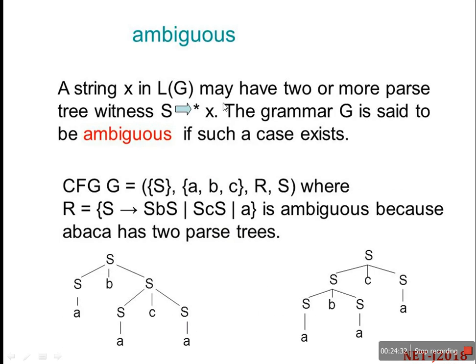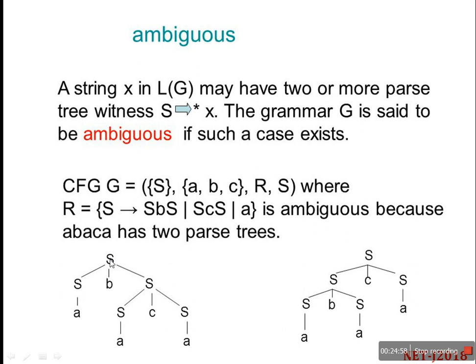A string X in a language from G may have two or more parse trees. Means this given string generates two or more parse trees. One single production can generate more than one type of tree, then it is called a parse tree.